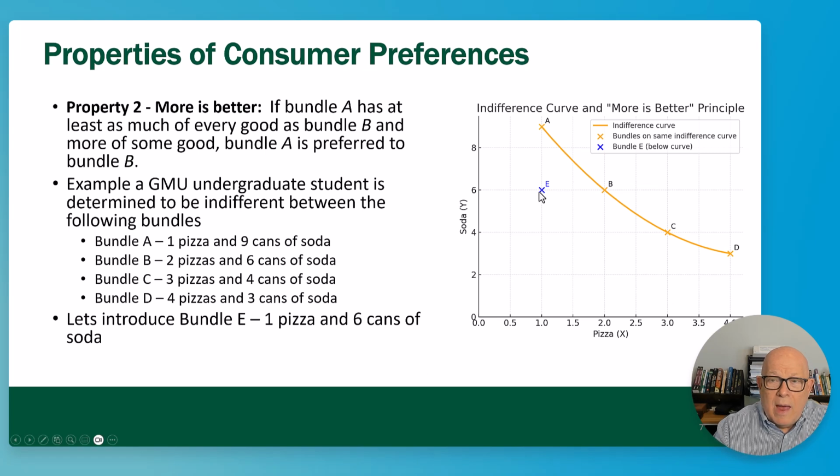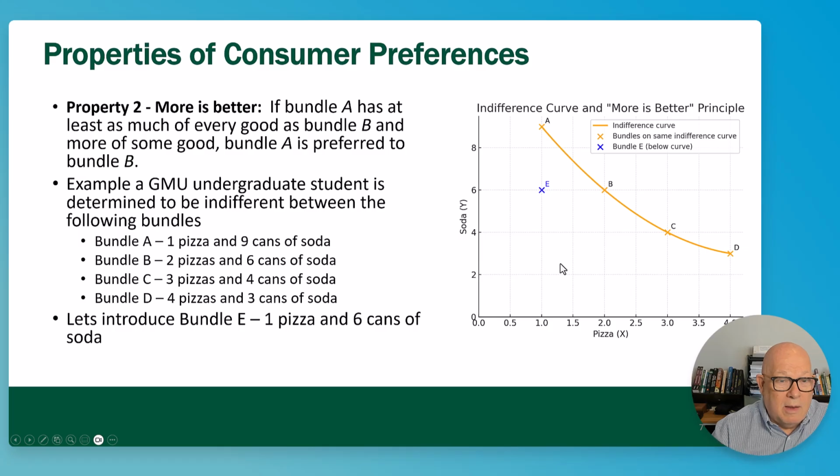Well, if we compare that to this curve, which we call an indifference curve, because they're indifferent between A, B, C, and D, if we introduce E, then assuming it's the same price, what's the likelihood that they would choose E instead of A, B, C, or D?